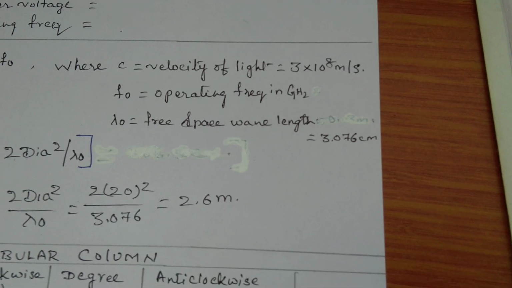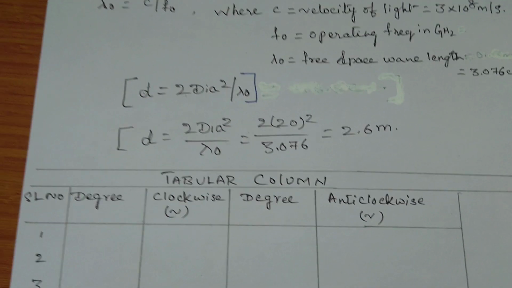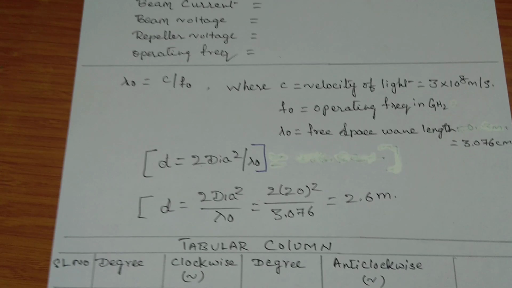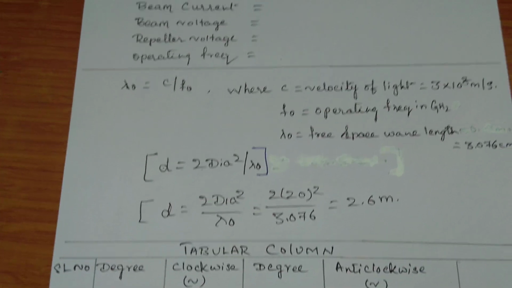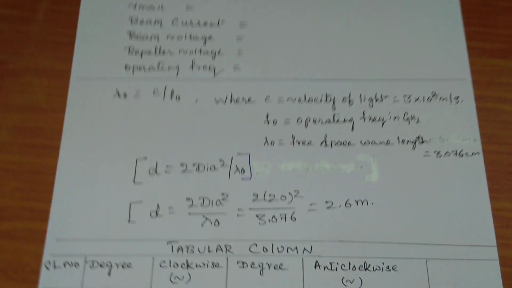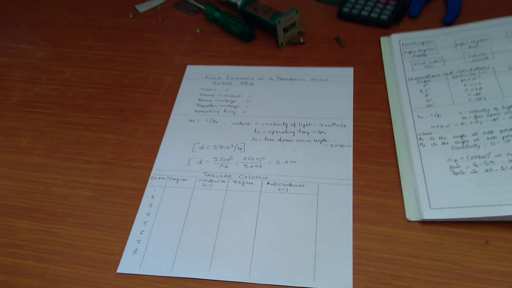The value of lambda naught we have got is 3.076 centimeters. Now d equals 2 into D squared, where D is 20 centimeters. So 2 into 20 squared divided by lambda naught, 3.076, equals 2.6 meters. That is the distance between transmitter and receiver.